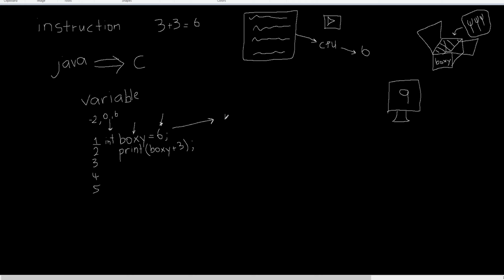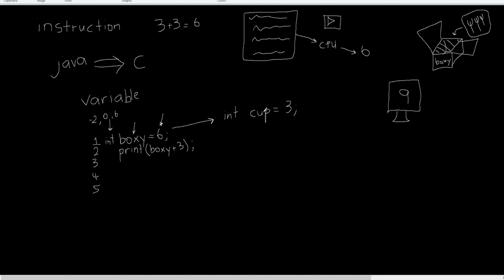Well, it would simply be int cup equals 3. There we are. We have declared a variable. And then we can use this label in other places, which is really cool.